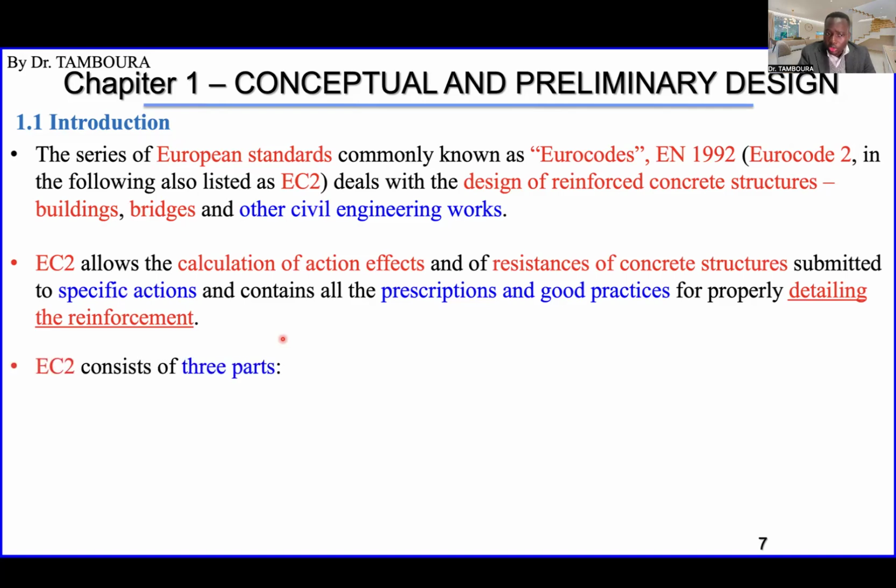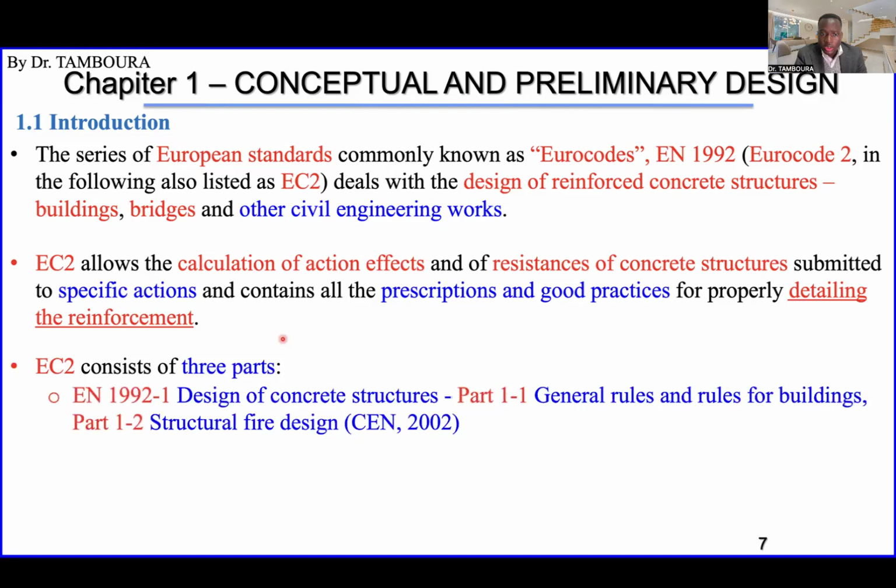So Eurocode 2 contains 3 parts, because concrete structure is too much, there are a lot of structures to consider. So what Eurocode 2 does is dividing the whole thing into 3 parts.